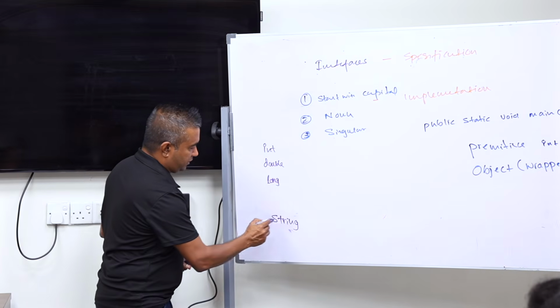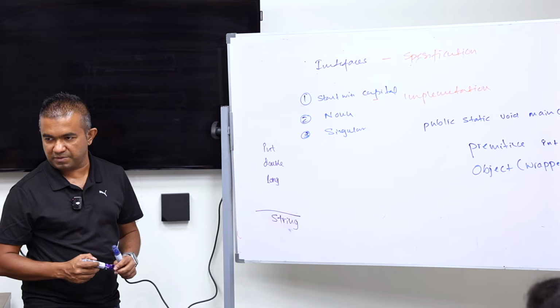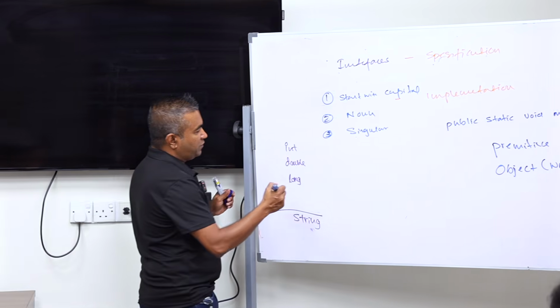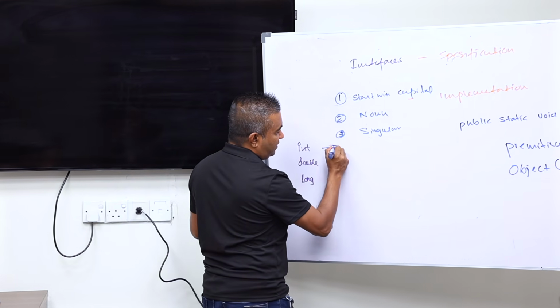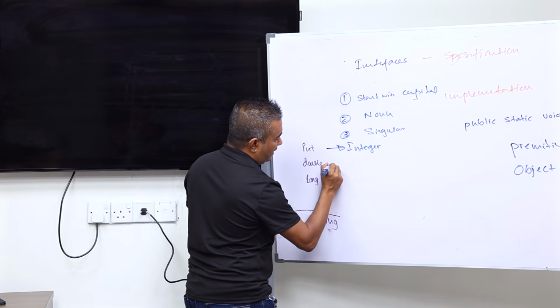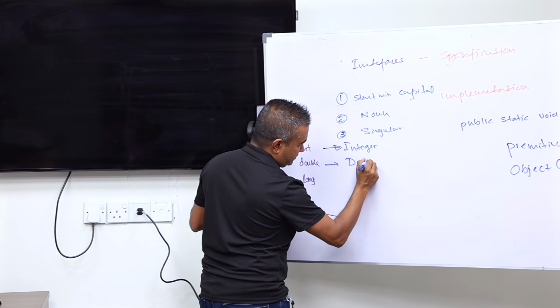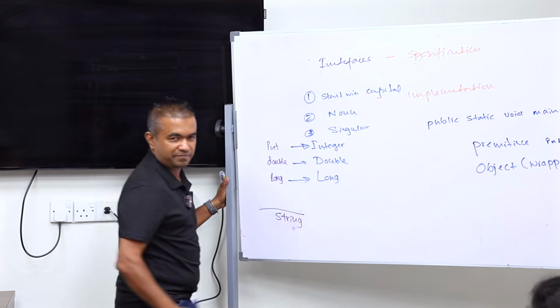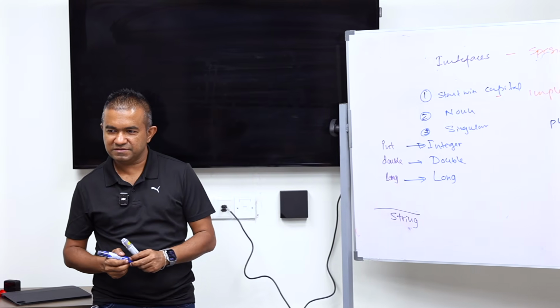I took it later because it is not considered a primitive directly. There are a few others, I took a few. So, for int we have something called Integer, for double we have something called Double, for long we have something called Long. You see the pattern, right.